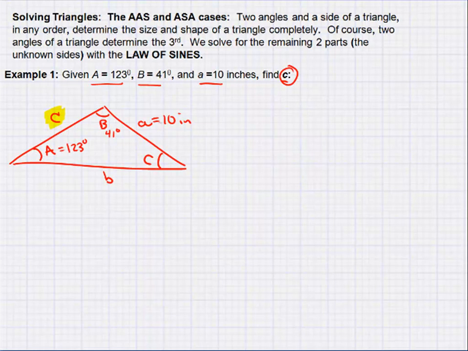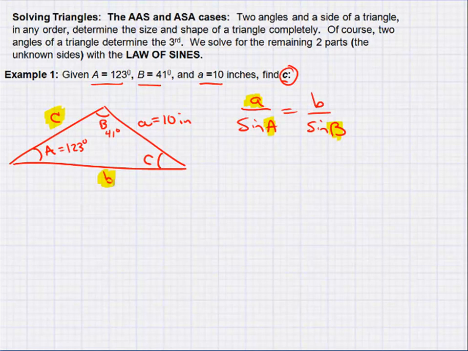We know angle A, side A, and angle B. So if I set up the proportion a over sine A equals b over sine B, there are 4 parts to this, 2 numerators, 2 denominators. I know this piece, and this piece. I don't know b, so I can use this proportion to help me find b. And once I find b, I could get this value.